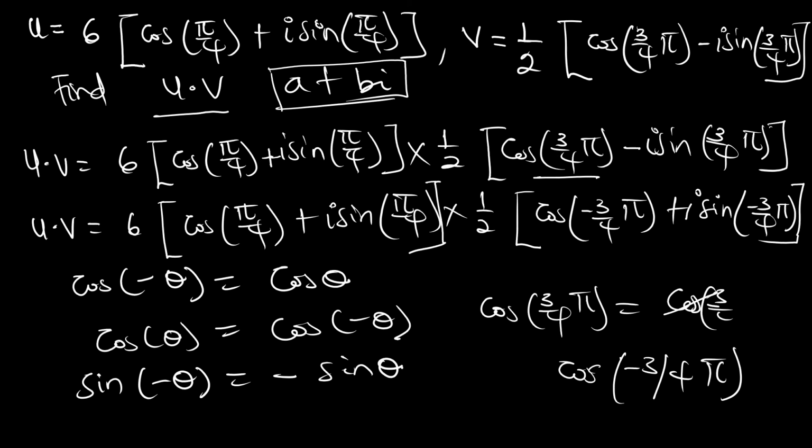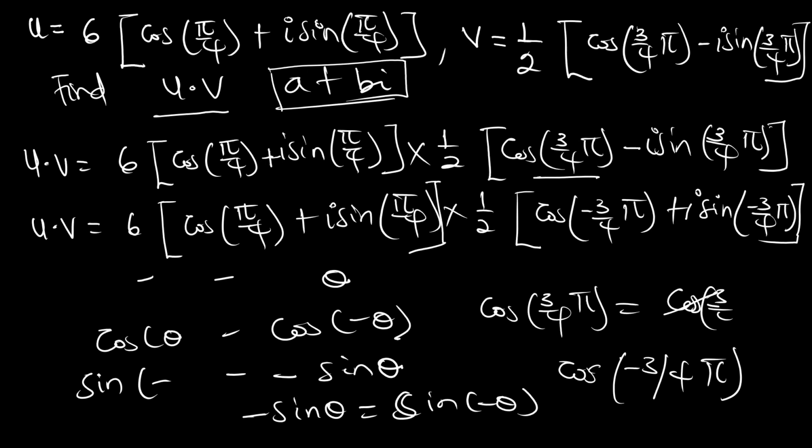So when I am having negative sine theta, I can rewrite it as sine negative theta. So that's what happened here. Mind you, the argument must be the same. So that's what we just did. All right, so knowing that, let's continue with the calculation.